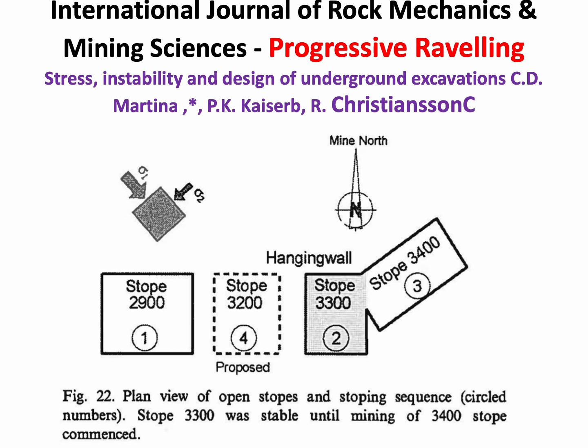Figure 22, plan view of open stopes and stoping sequence. Stope 3300 was stable until mining of the 3400 stope commenced. This is stope 3300 and this is stope 3400. So it says until stope 3400 started excavating, stope 3300 was intact.